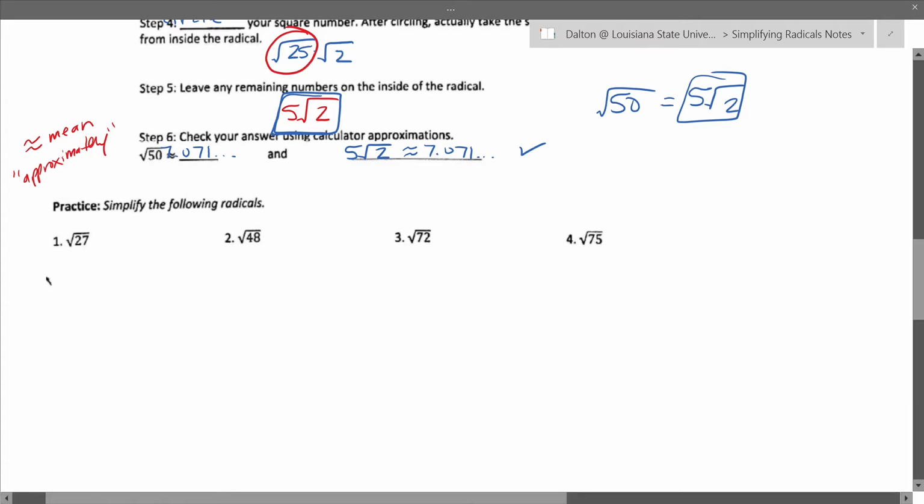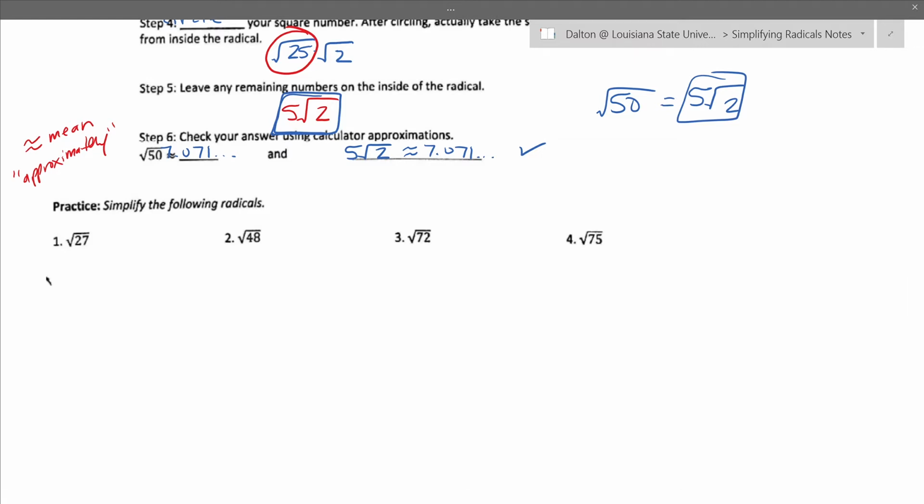So continuing on from the last video, maybe you got a chance to practice these radicals on your own. If I were to simplify these, if I want to take the square root of 27 and simplify that, again, you can make your list of factors of 27 if you're unsure of them.